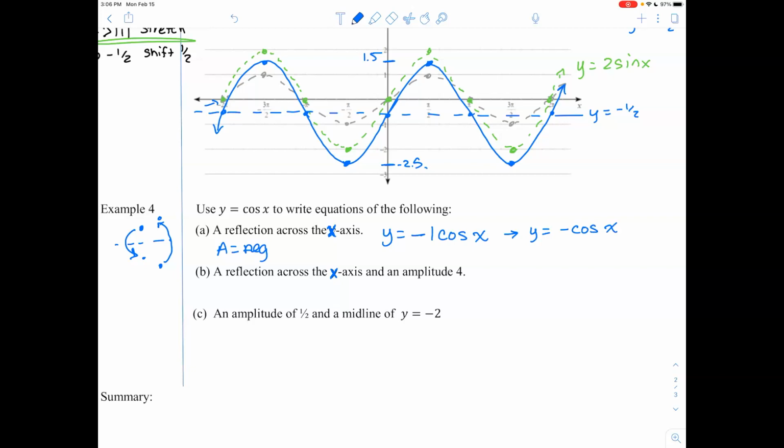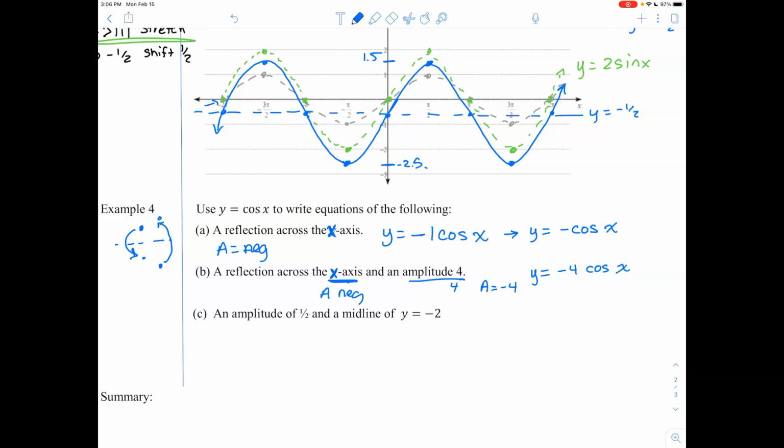Let's look at B, a reflection across the x-axis. That means A is negative, and an amplitude of 4. So A equals negative 4 because it's got the vertical flip and the vertical stretch. That would be y equals negative 4 times the cosine of x.